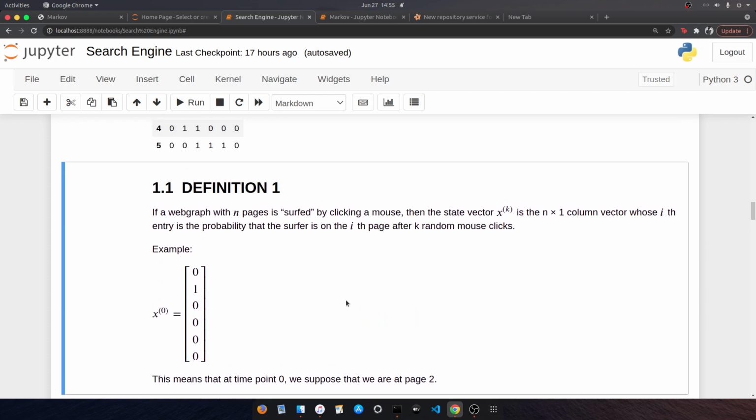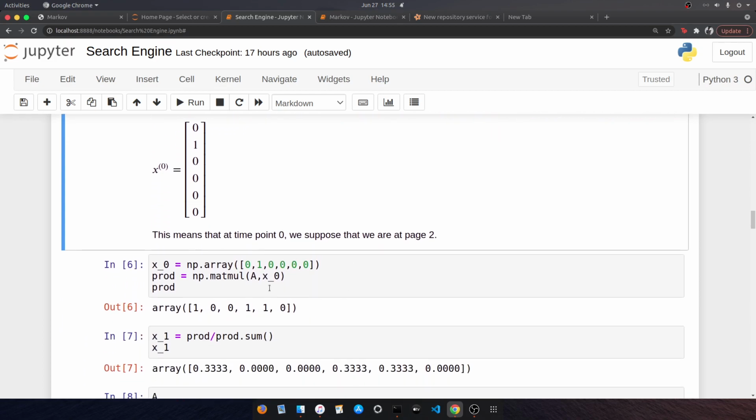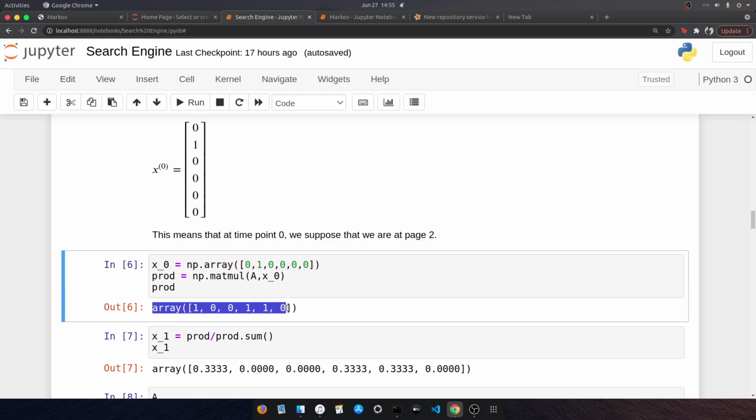All right. So this is useful when we use it in conjunction with our adjacency matrix. For example, if we multiply our adjacency matrix with our initial state, we will get this vector with one on specific pages.